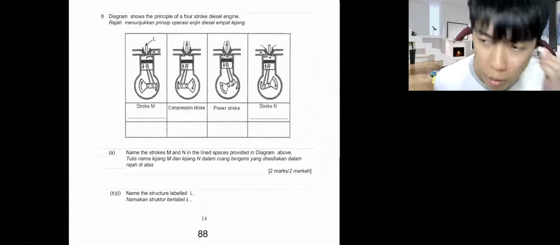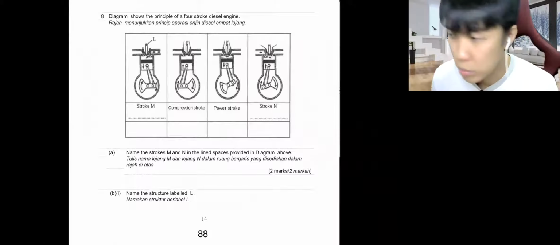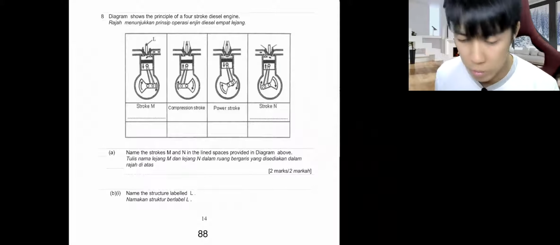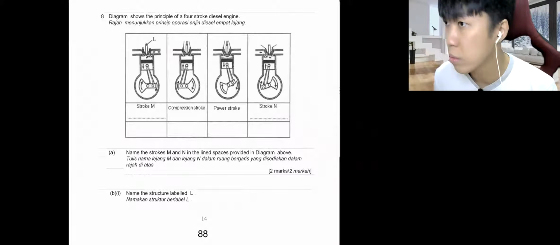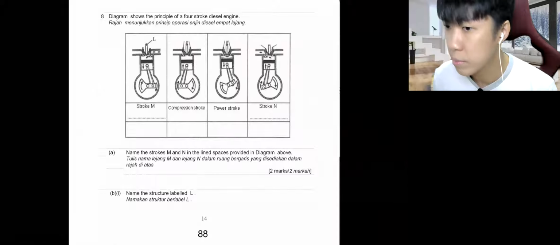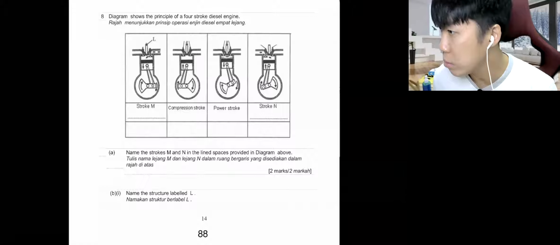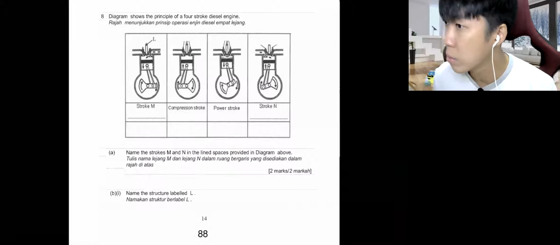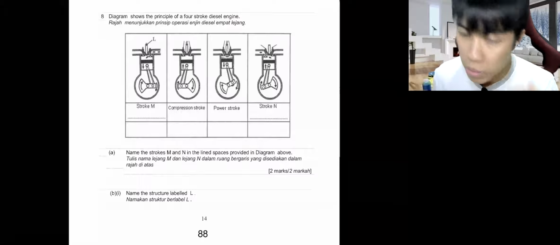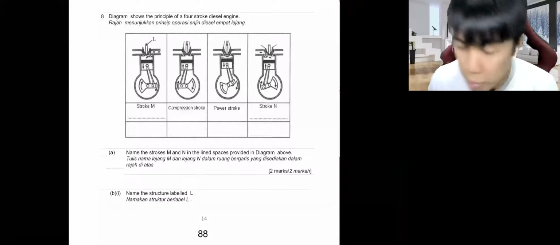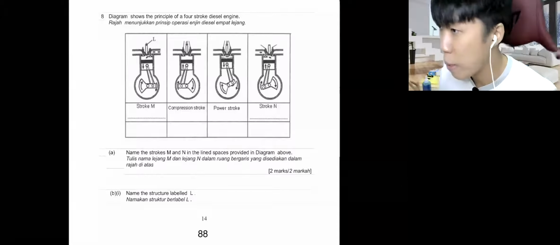A and B1. Continue with B1 also, you all know.